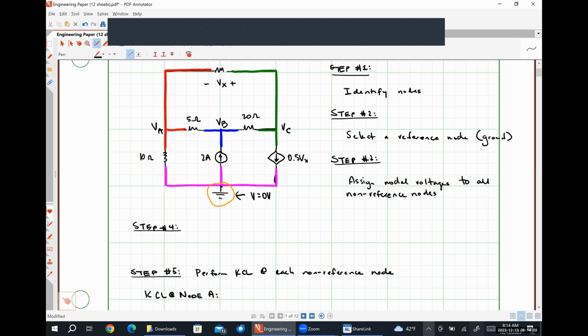Step number 4 should actually be to express any controlling variables in terms of our nodal voltages. So the reason why I put this before we actually do our analysis is because it's so easy to overlook.